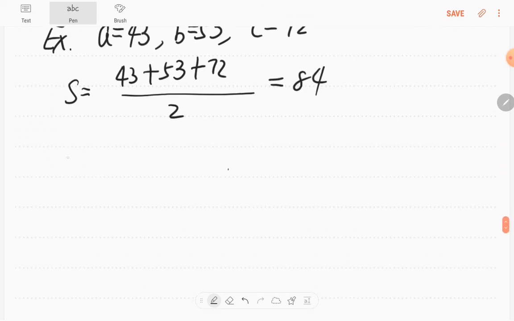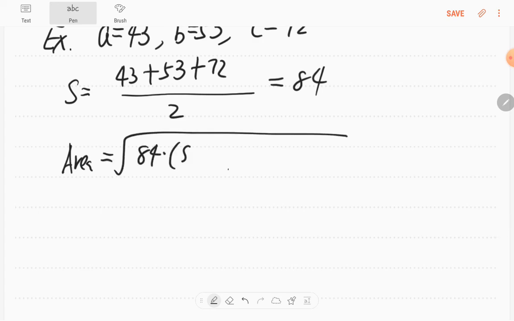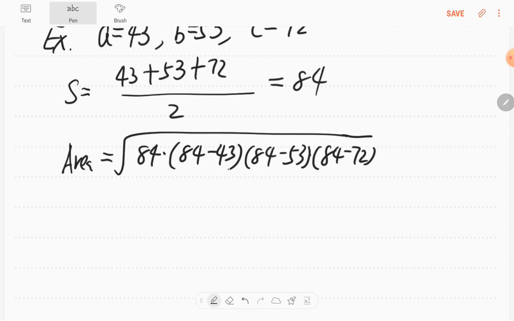Then our area is equal to the square root of 84 times (84 minus 34) times (84 minus 53) times (84 minus 72). If you do the calculation, it would be 1131.89 square units.